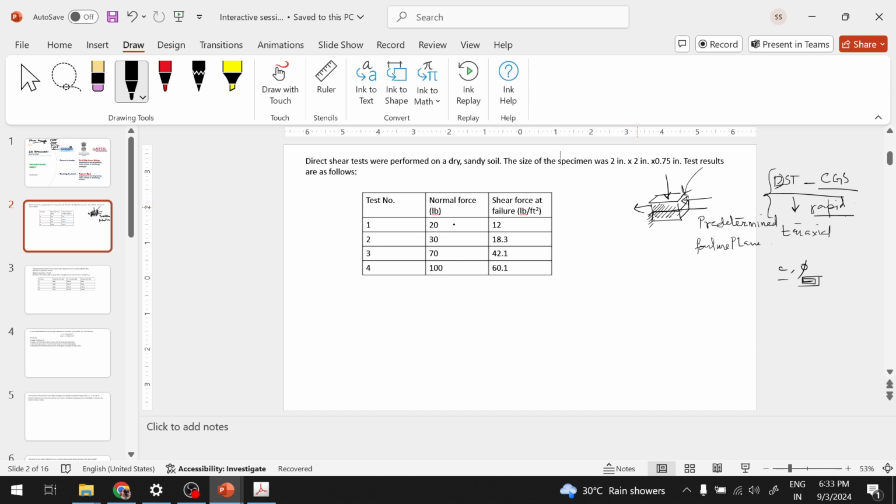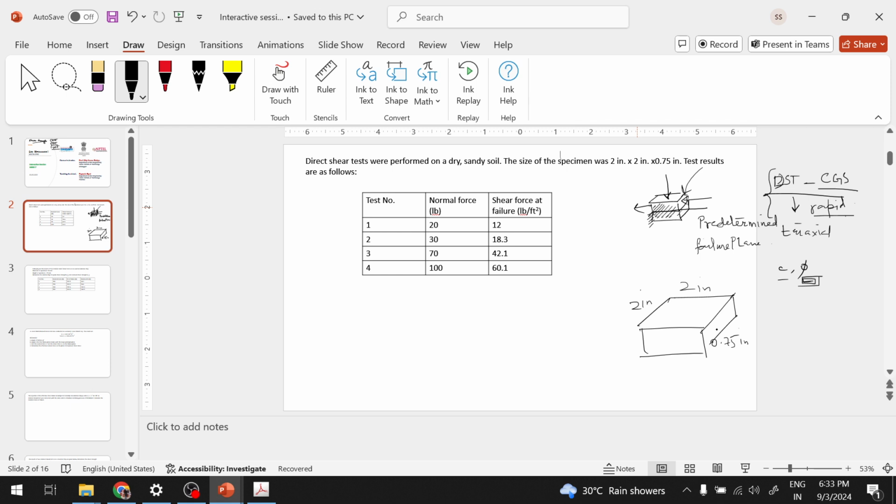So we have been given some data. The direct shear tests were performed on dry sandy soil. The size of the specimen was 2 inch into 2 inch into 0.75 inch, which means it is 2 inch in this direction, 2 inch in this direction, and the height is 0.75 inch.